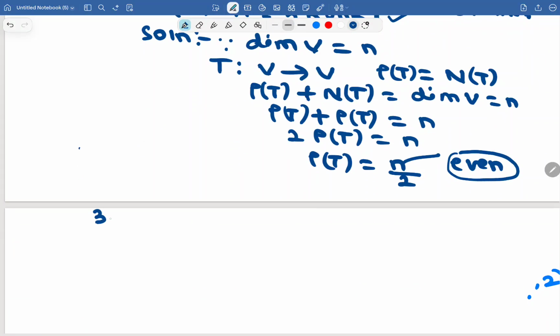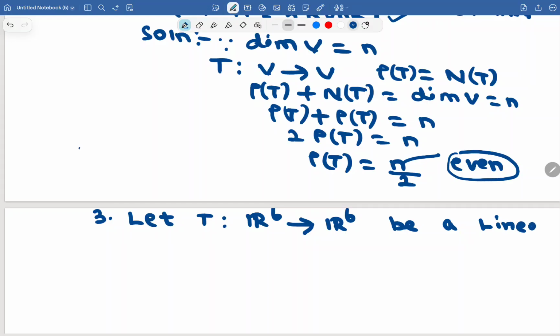Now I am going to discuss the third one. Let T map from R power 6 to R power 6 be a linear mapping such that T square equal to 0.